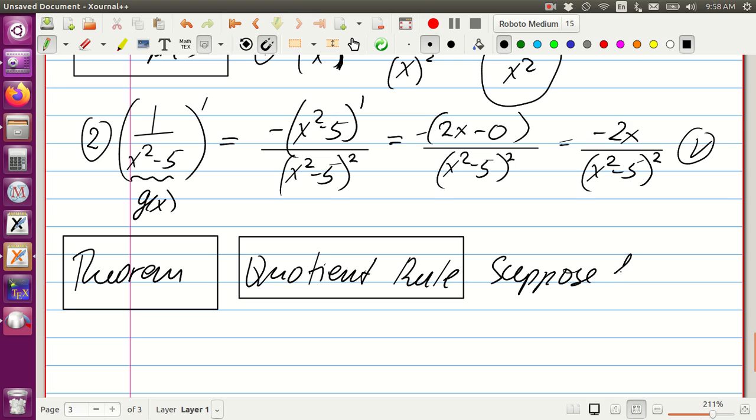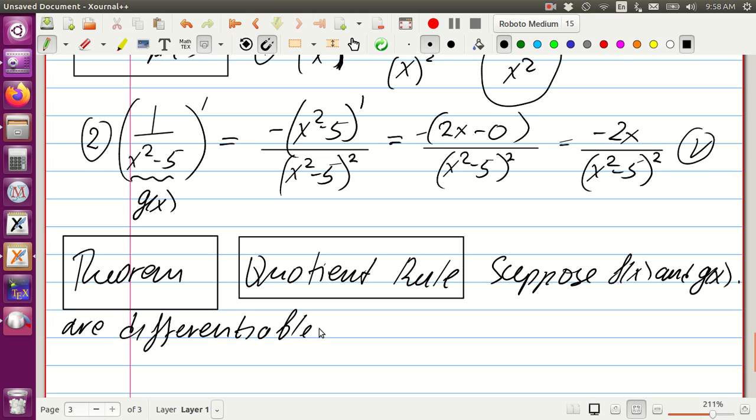Suppose we have f of x and g of x, let me be a bit more accurate, and f of x and g of x are differentiable and g of x is not equal to 0.